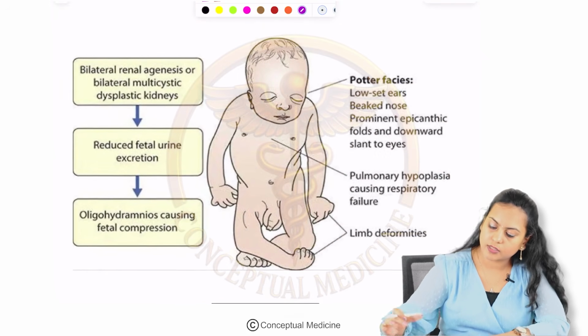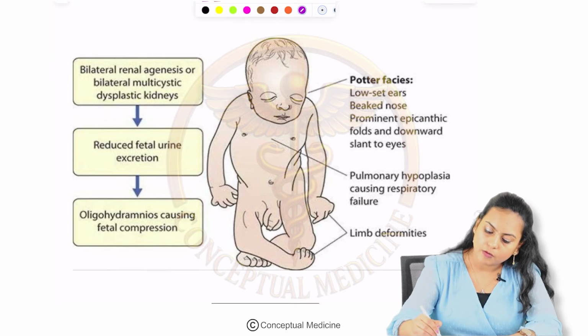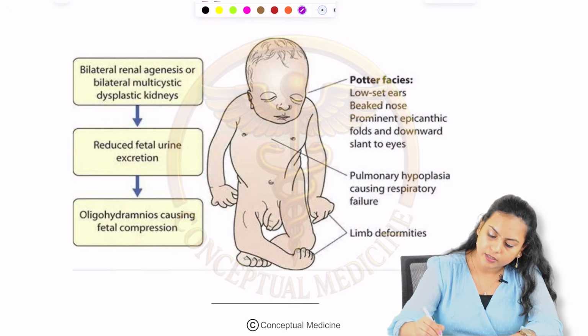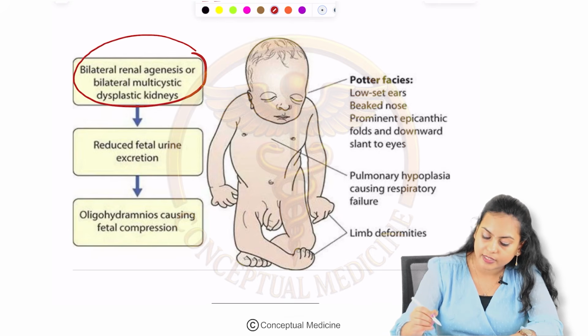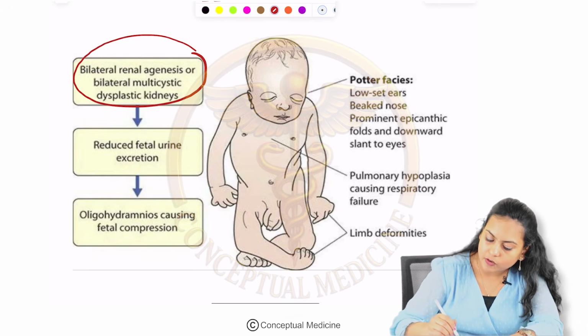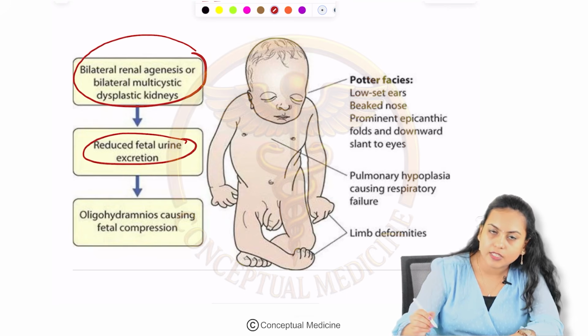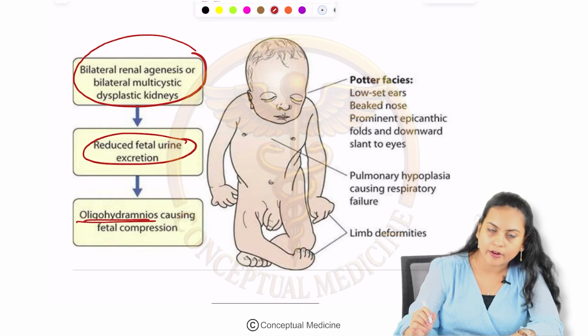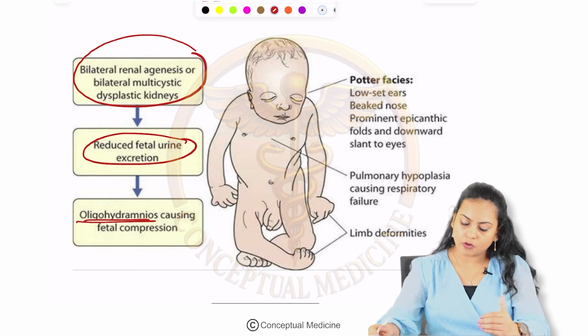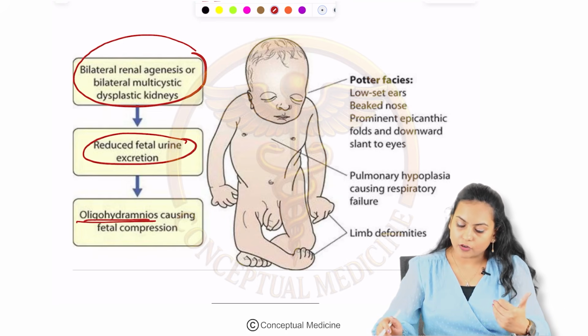So this is the Potter sequence or syndrome. What is going to happen here is there is bilateral renal agenesis or bilateral multicystic dysplastic kidneys, leading to reduced fetal urine excretion, resulting in fetal oligohydramnios and causing fetal umbilical cord compression.